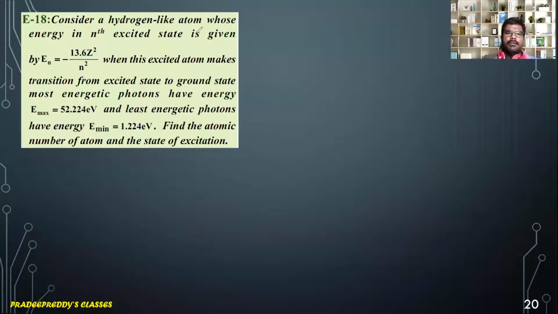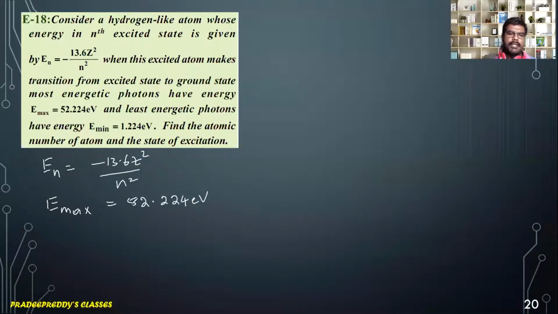So, a hydrogen-like atom whose energy in the nth excited state is given by En equals minus 13.6 Z square divided by n square. When this excited atom makes a transition from an excited state to the ground state, the most energetic photon has energy E maximum equal to 52.224 electron volt.